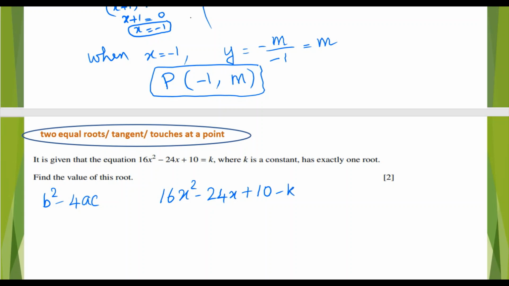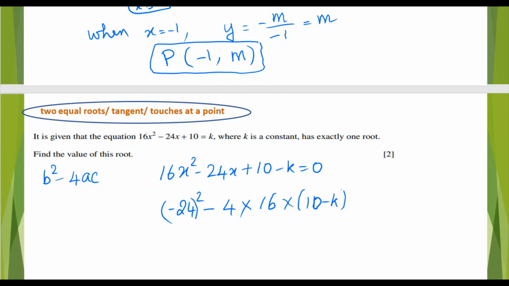You will get minus k equal to 0. Now we'll find out b squared minus 4ac, that is 24 squared minus 4, a is 16 and c is 10 minus k. Here you can write minus 24 squared also. Anyway, you are going to get a positive value for b squared. This is equal to 0.